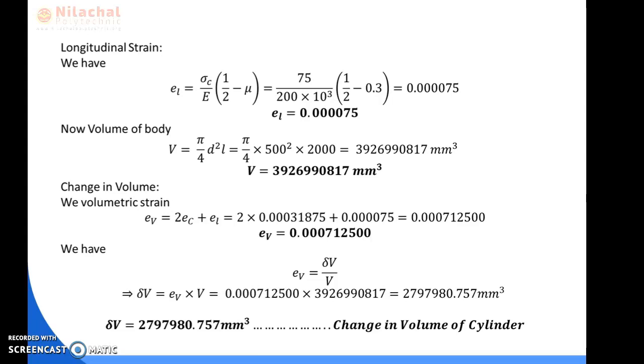We have longitudinal strain εL is equal to (σC by E) whole bracket (1 by 2 minus μ). Putting the value of σC as 75, E as 200 into 10 to the power 3 and μ as 0.3, the expression will be 75 by (200 into 10 to the power 3) whole bracket (1 by 2 minus 0.3).